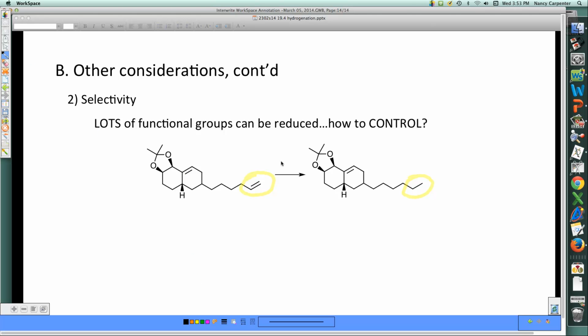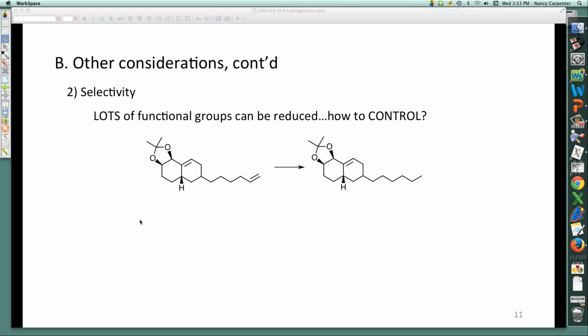The reason here is because there's a big difference in the sterics here and here. Remember that these have to actually adsorb on the surface of the metal. This is really quite crowded. It's a lot easier for this tail to sit down on the palladium or nickel surface and add the hydrogen. So when it comes to a monosubstituted versus a trisubstituted double bond, there's no problem in selectively reducing this monosubstituted alkene.